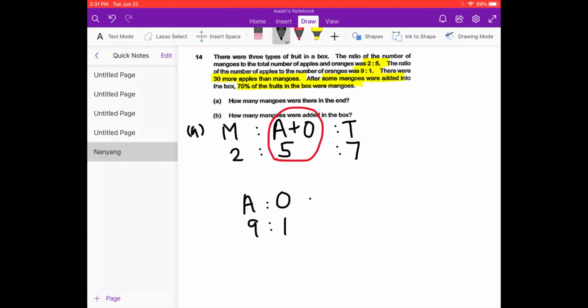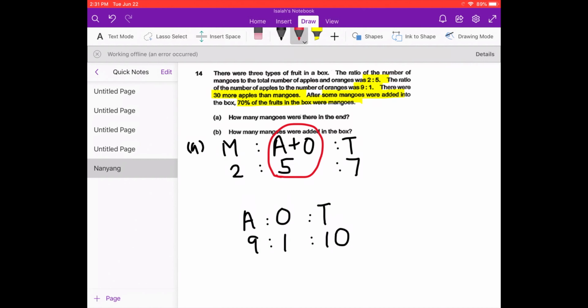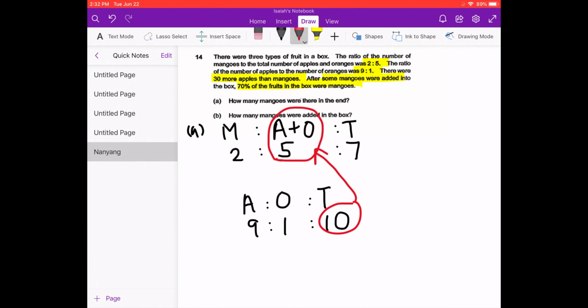The total of apples and oranges here will be 9 plus 1, and that will give us 10 units. But we must know that this total, oranges and apples combined, is the same as the number of apples and oranges from the top when compared with mangoes. So let's take a note and remember this for now.